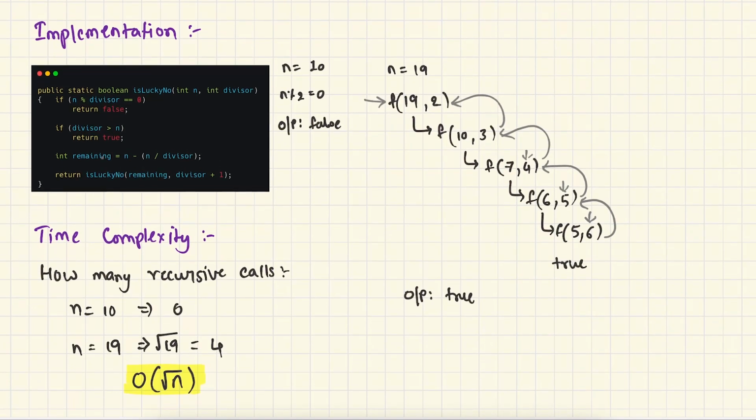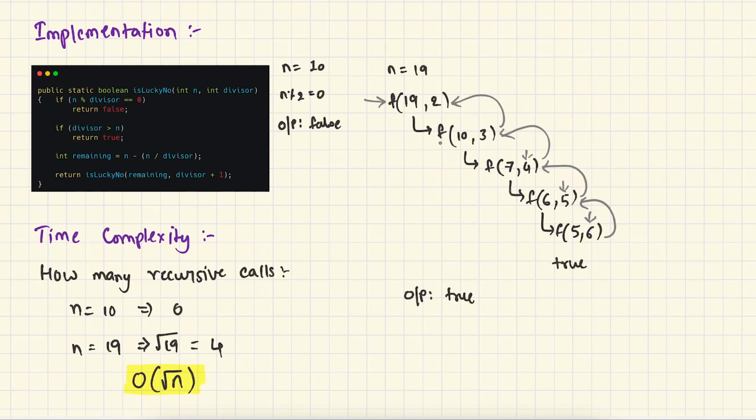As we know that this is a recursive solution, so to get the time complexity, we need to count how many recursive calls there are. So how many recursive calls are there? In case of 10, the recursive calls are almost 0, right? Because in the first step only we got our answer. And in case of 19, how many recursive calls are we making? It turns out to be square root of 19, that is approximately 4.